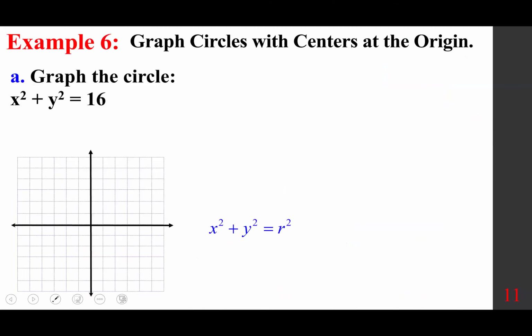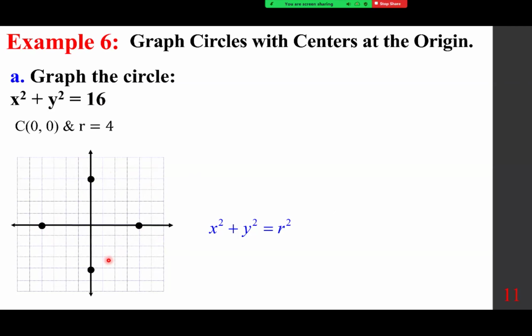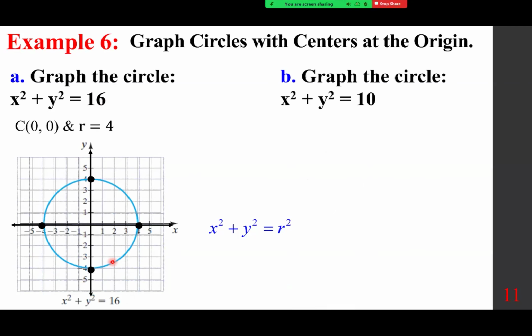Graph circles with center at the origin. In this case, the center is at 0, 0, and according to this formula, r is the square root of 16, or 4. So basically, you can look at those 4 points: 4, 0; negative 4, 0; 0, 4; and 0, negative 4, and put them together.